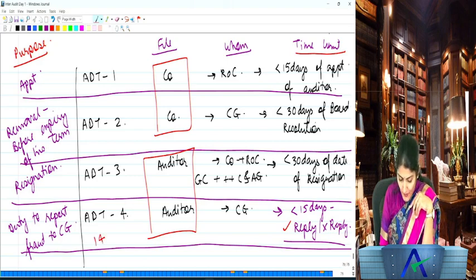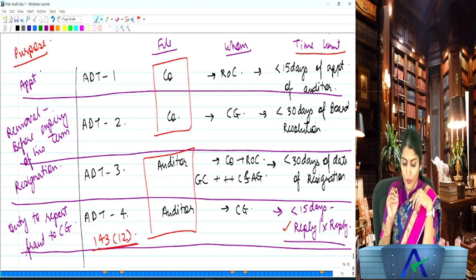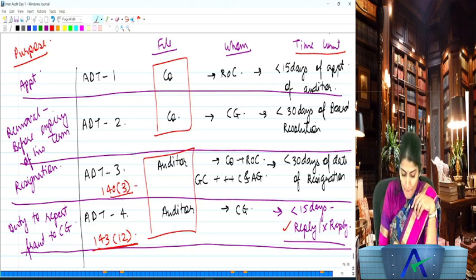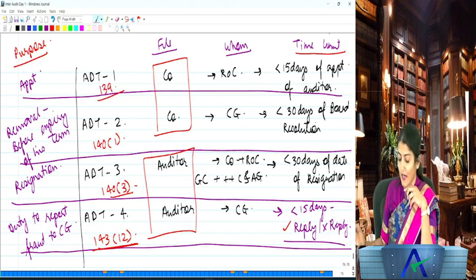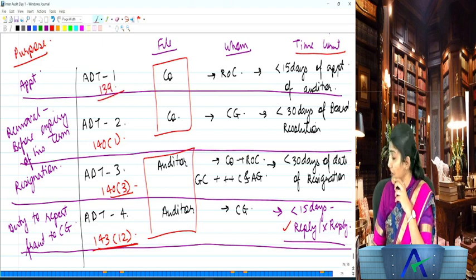Right, so this is 143.12. And a duty to report the fraud to the CG. This is 140 subsection 3. Right, the resignation of the company auditor, then removal of the auditor before the expiry of his term, and then you have section 139, which is regarding the appointment of the company auditor.